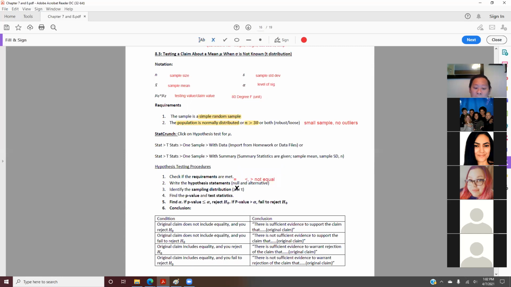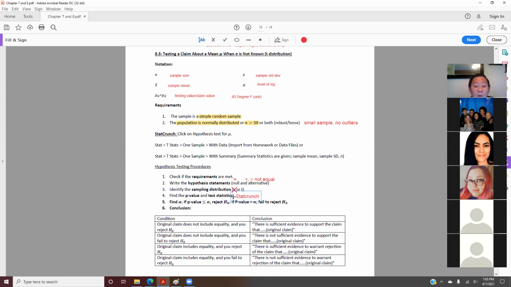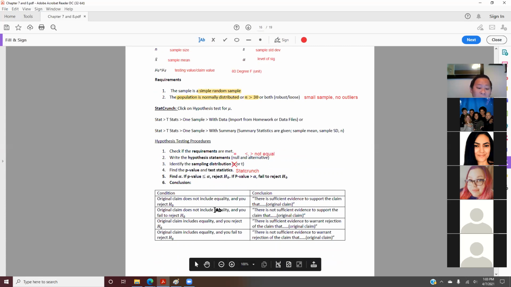Since this is mean, our sampling distribution is T, no longer Z. Then the p-value and the test statistic, these two will come from StatCrunch. Again, it is going to be the last 2 numbers in the box that we reported just now, and the same decision and the same conclusion that you do. So it's actually the same as the previous section.